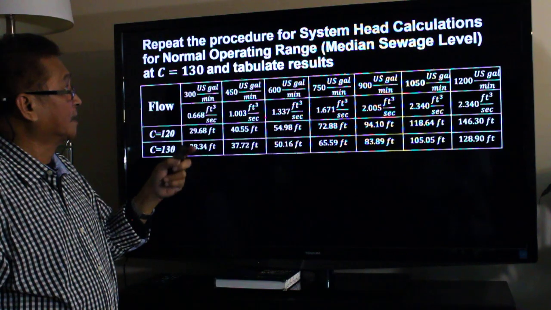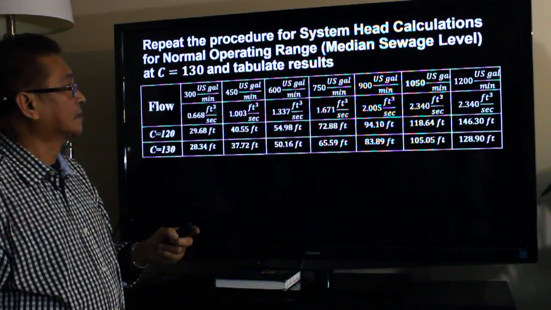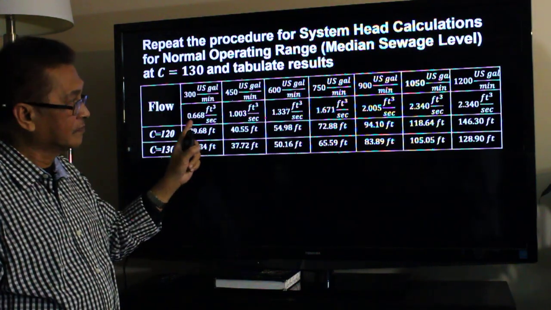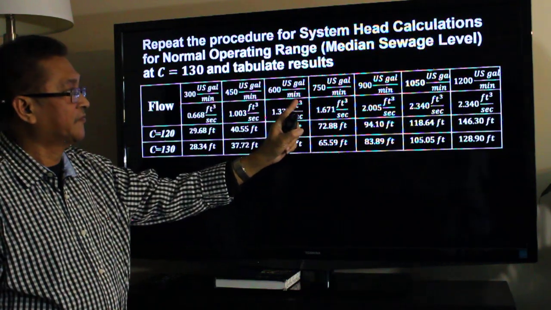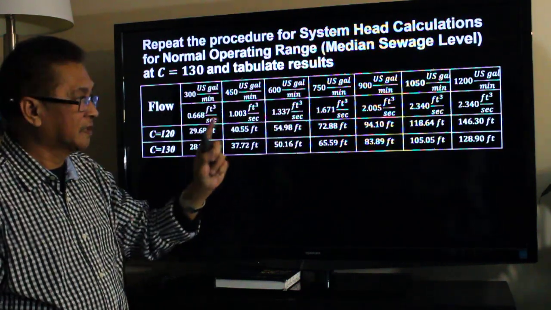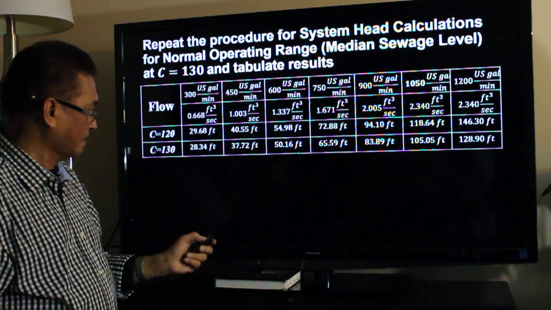So, repeating the procedure for system head calculations for normal operating range with C equals 130, same flow values: 300, 450, 600, 750, 900, 1050, and 1200. With C equals 130, these will be the values.